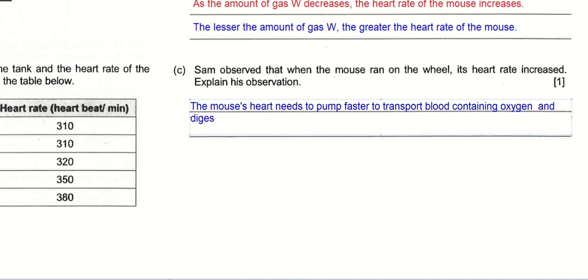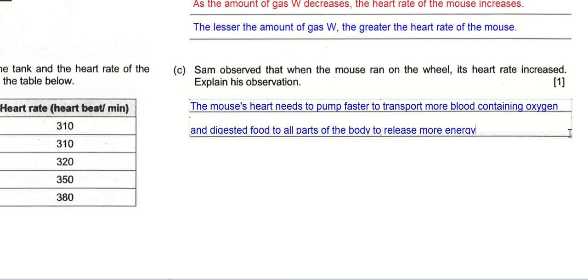So the mouse's heart needs to pump faster to transport more blood containing oxygen and digested food to all parts of the body, especially the muscles, so that it can release more energy for it to run.